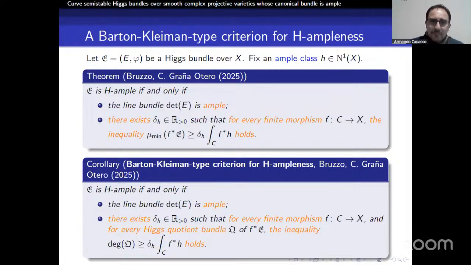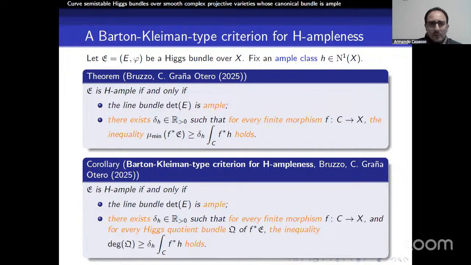Second thing, in the rest of this talk, where I say f a morphism from C to X, I mean a finite morphism from a multi-reducible projective curve to X. Okay, I shall not repeat it again. This is our theorem by myself, Ugo, and Bea. The Barton-Kleiman type criterion is the following one.